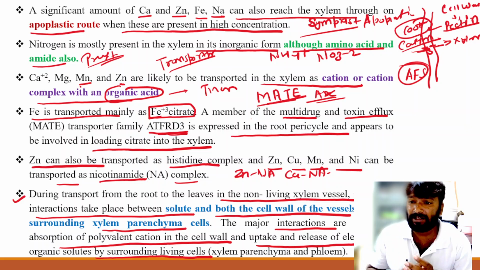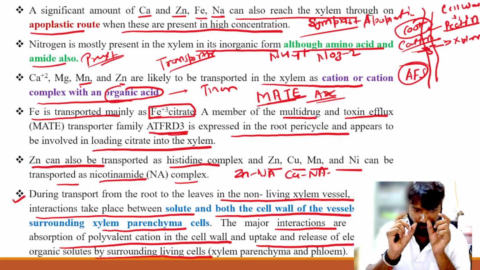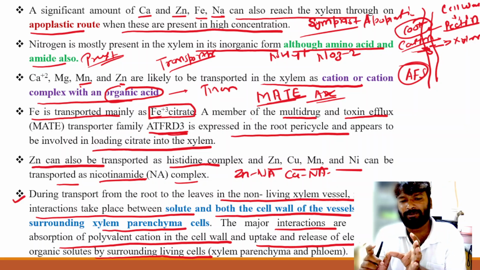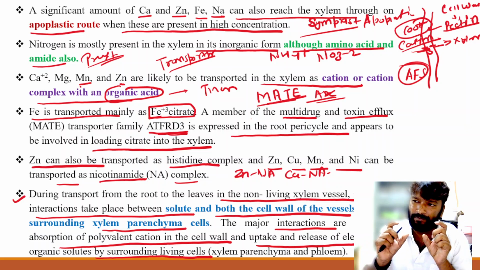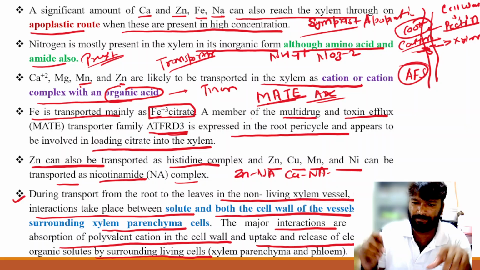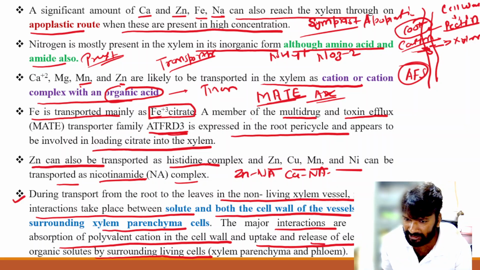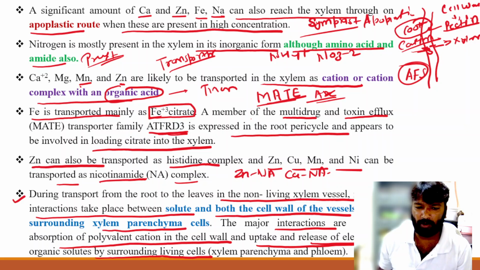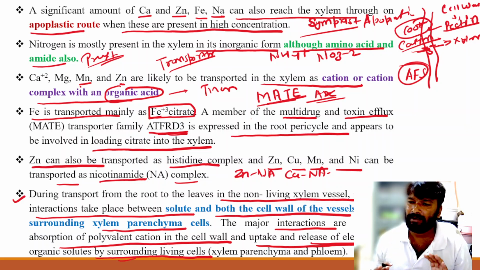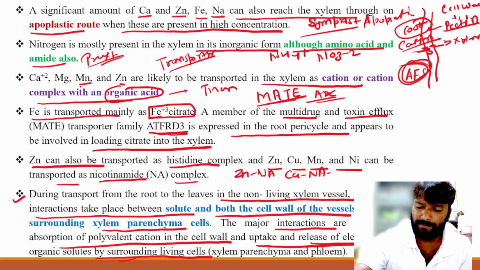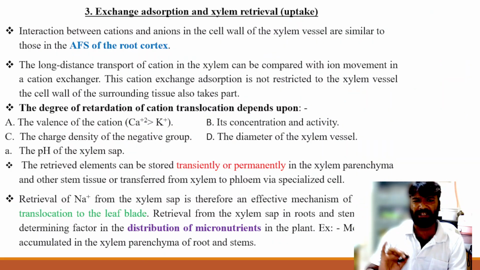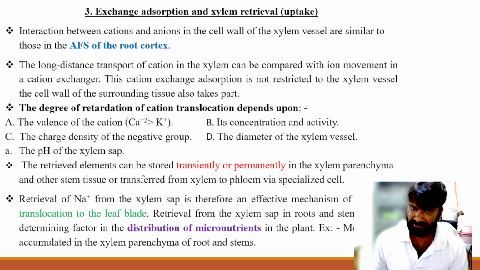And the next point is the interaction of the xylem basal cell wall and the parenchymatic cell wall. So they are also involved in cation exchange, in the release of elements and solutes, and in the formation of this apparent free space in the xylem. So this is xylem transport. Clear? Now come to the next slide.